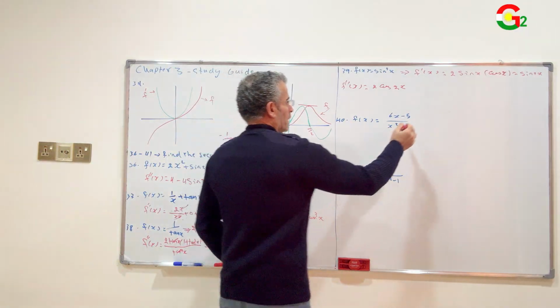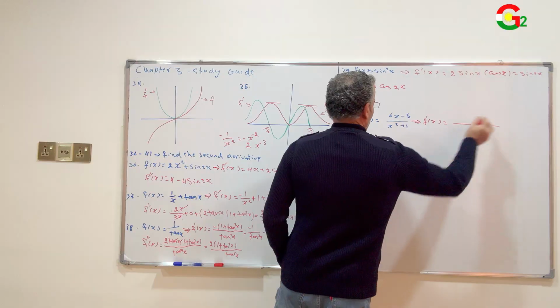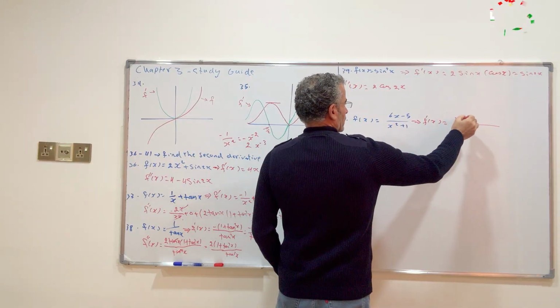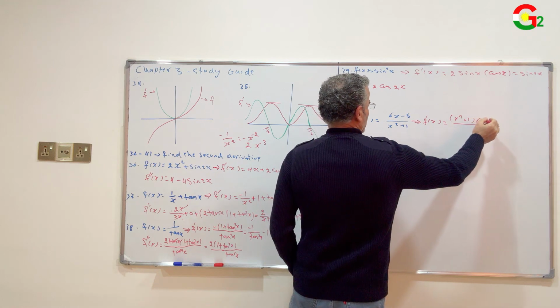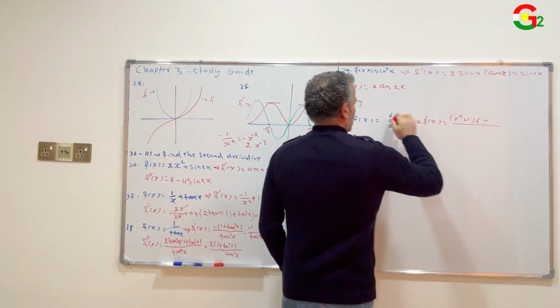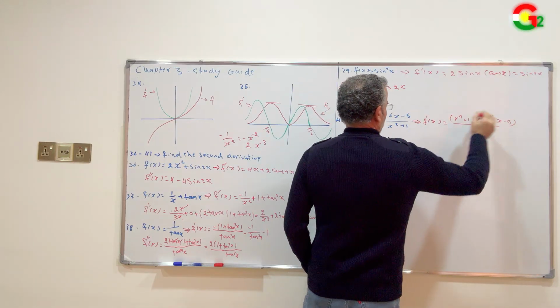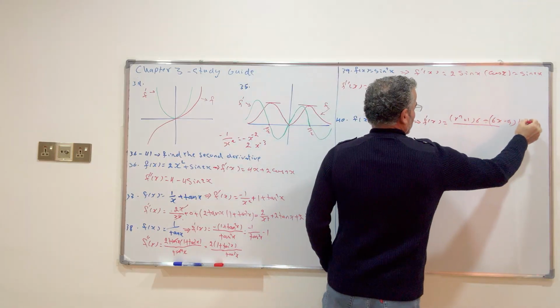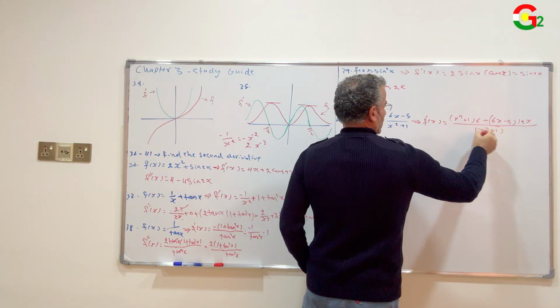Question number 40. F prime of x equals the denominator x power 2 plus 1 times the derivative of the numerator 6, minus the numerator 6x minus 5 times the derivative of the denominator 2x, over x power 2 plus 1 squared.